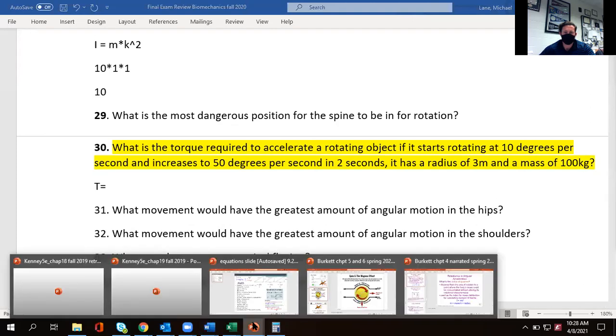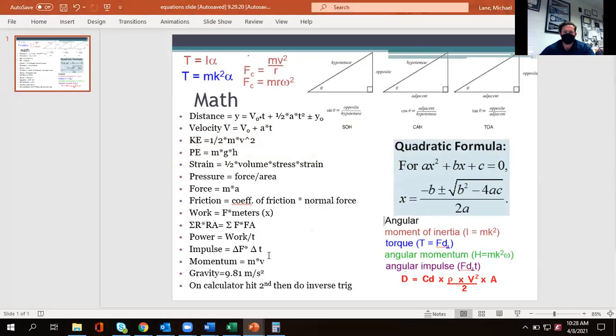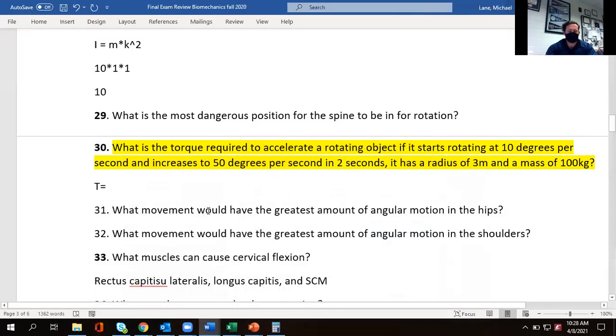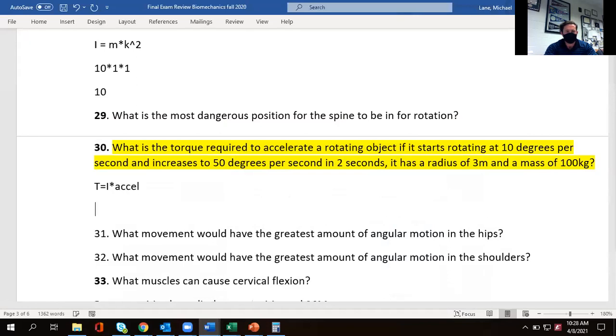So let's come back over to our handy dandy here. Notice, guys, torque equals our inertia times our acceleration, in which we can then put that out the long way of torque equals our mass times a radius squared times acceleration. Okay, so let's break this down.